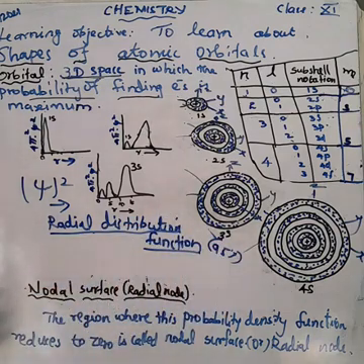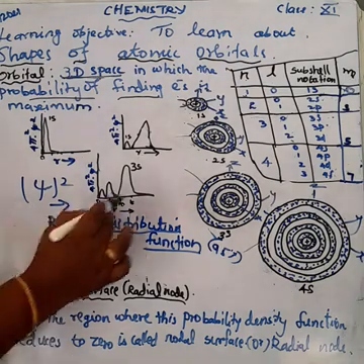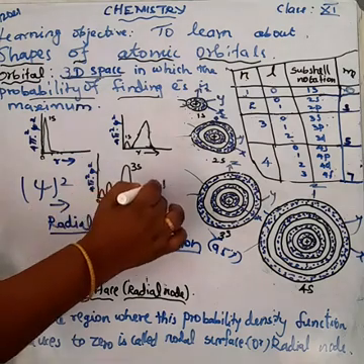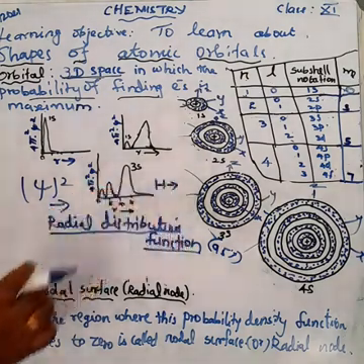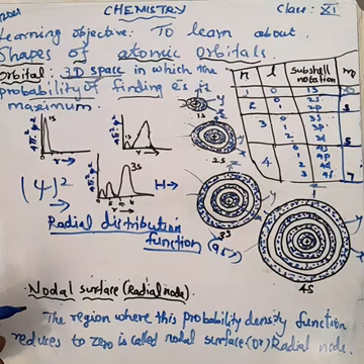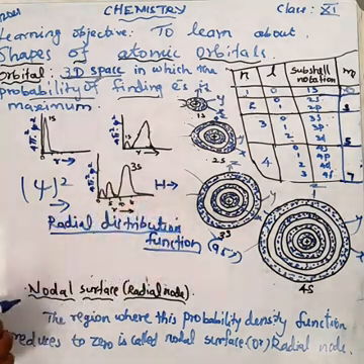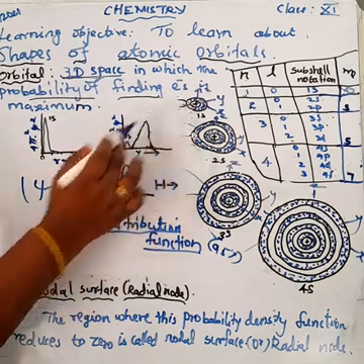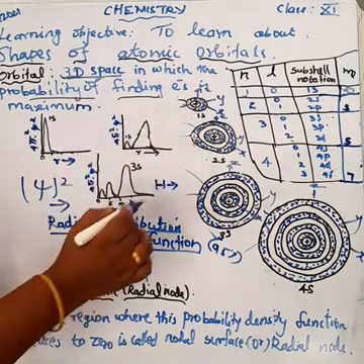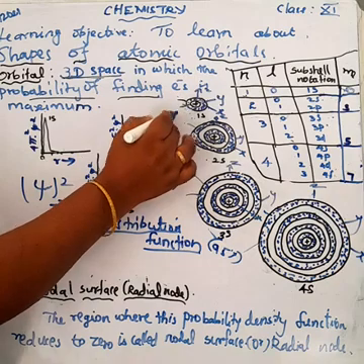Consider a single electron of a hydrogen atom. Here, the probability of the electron is maximum. For one s orbital, you know how many electrons it can hold at maximum? 2 electrons.